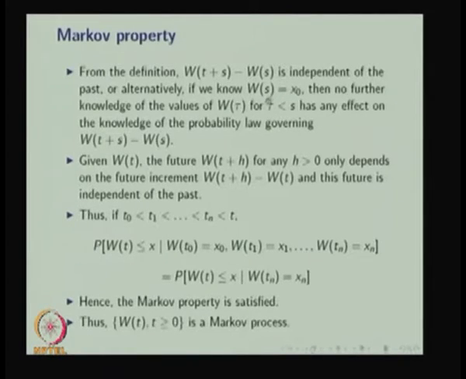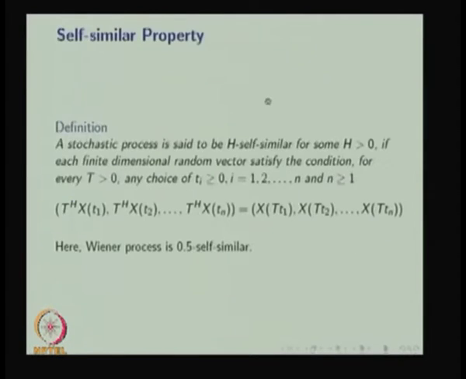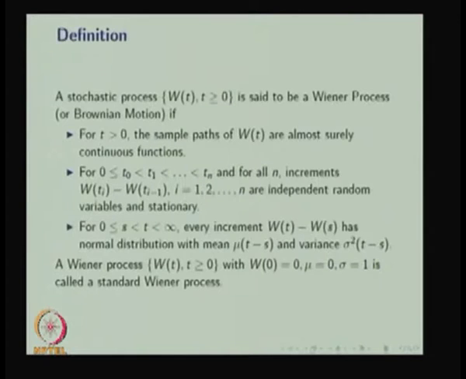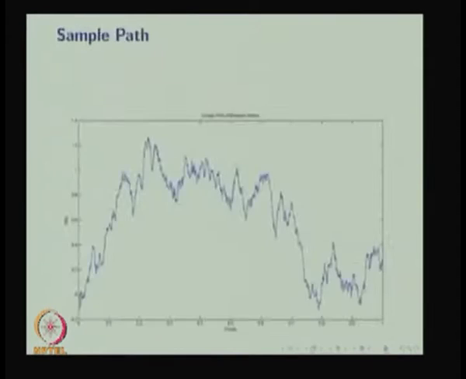From the definition you can make out, because the definition says the increments are independent, therefore W of t plus s minus W_s is independent of the whole past information from 0 to s.